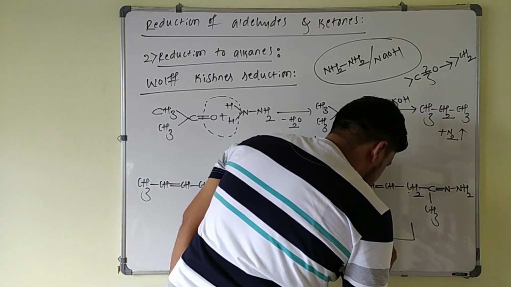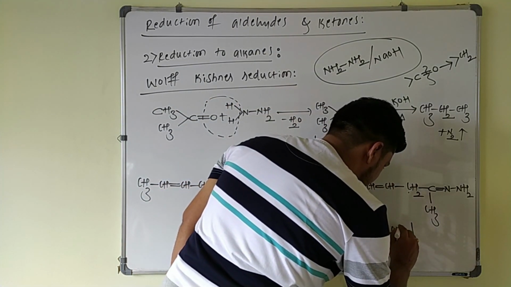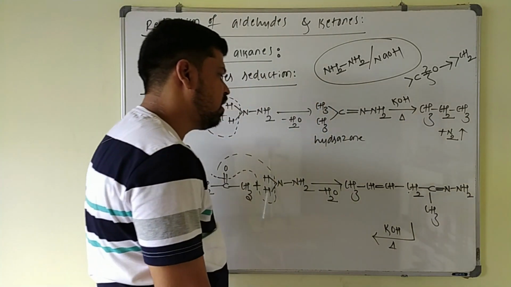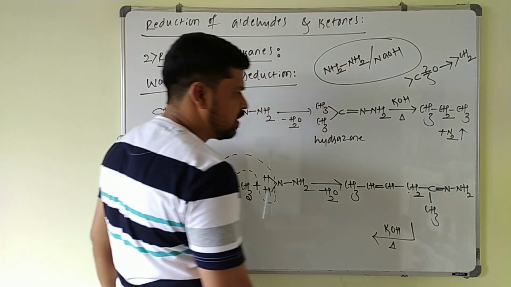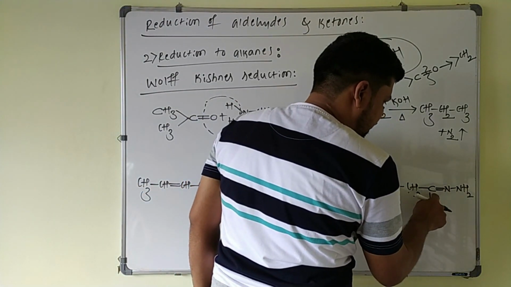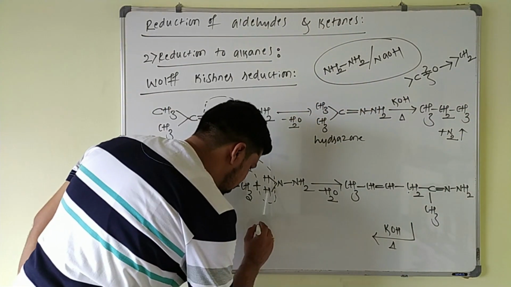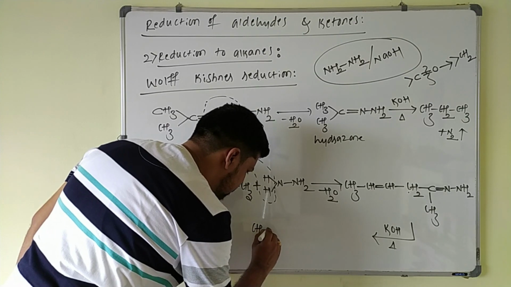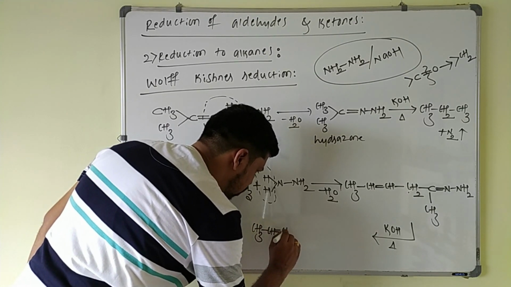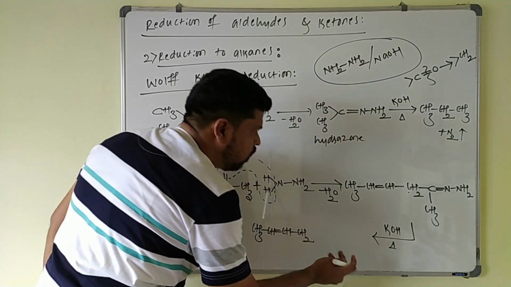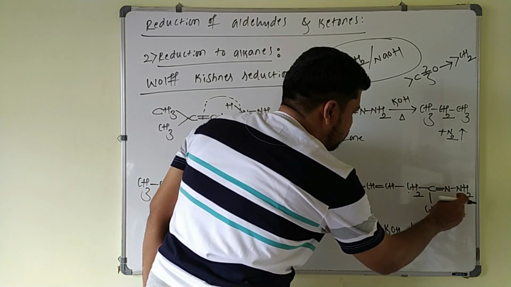Now this on heating with the base in a high boiling solvent, what happens here? These two hydrogens are directly connected to carbon and this nitrogen gas is eliminated. So the obtained product will be what here? CH3, CH double bond CH, CH2, and this carbon atom directly becomes what?